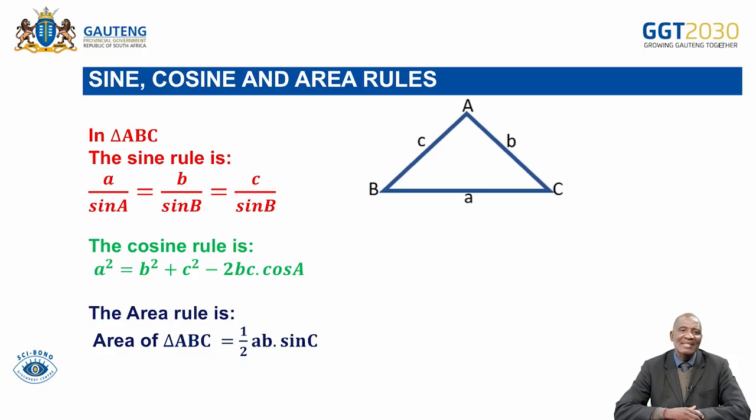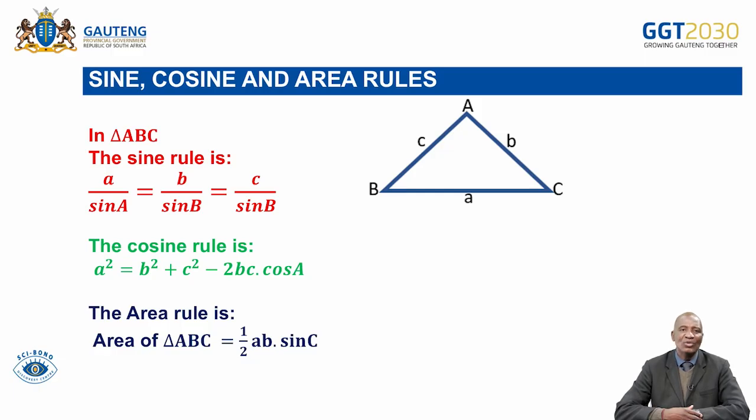This, of course, implies that b squared equals a squared plus c squared minus twice ac cos B. You must observe, when we start with small a, the angle is capital A. Then the other two sides are b and c. So when we start with c, these two sides are a and b, and the angle should be C. What leads is what ends in capital letters.